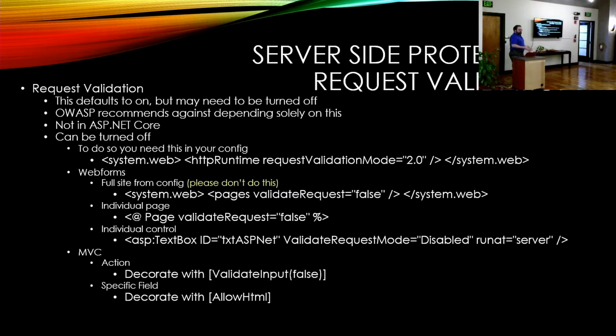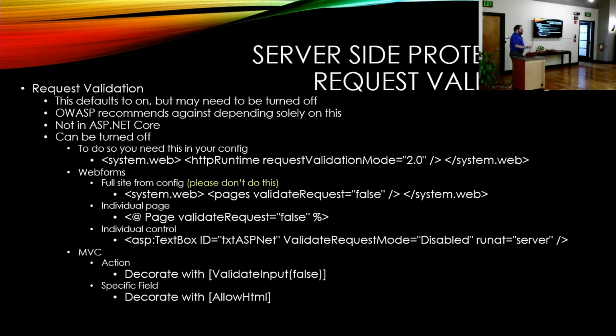Now, if you're just going to trust all your inputs, or better, and this is the better option than what you should be doing, if you're not going to trust any of your inputs, you do have the option of just turning it off for the whole website. Once you put that in your config, you can stick this value right here.